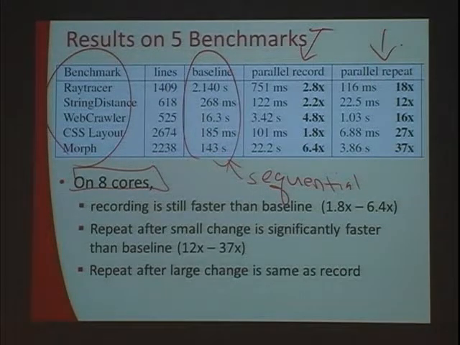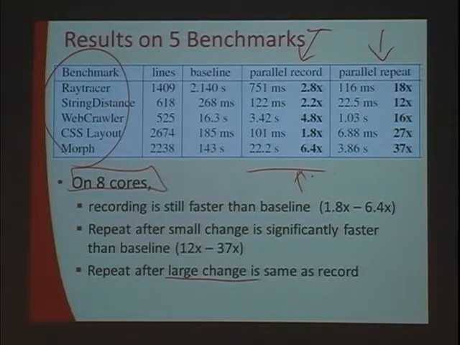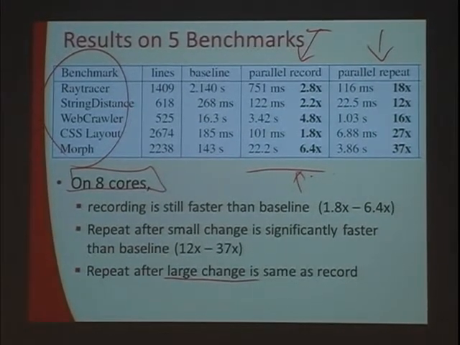Here we're seeing anywhere from a 12 times speedup over the baseline to 37 times for the morph. And then if we think about the cost after doing a large change, it's essentially the same as doing a parallel record. It's like doing the whole computation again with no memoization.